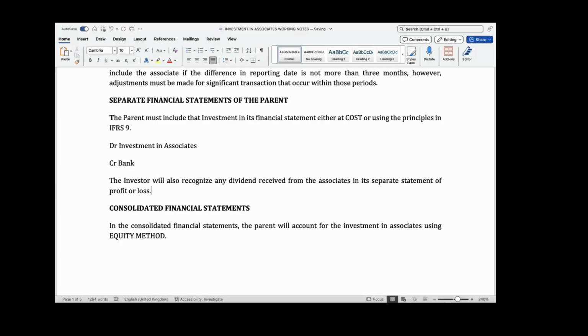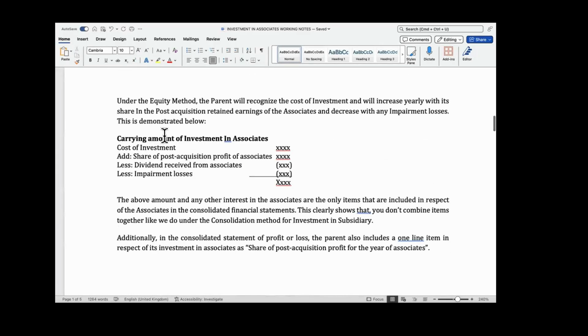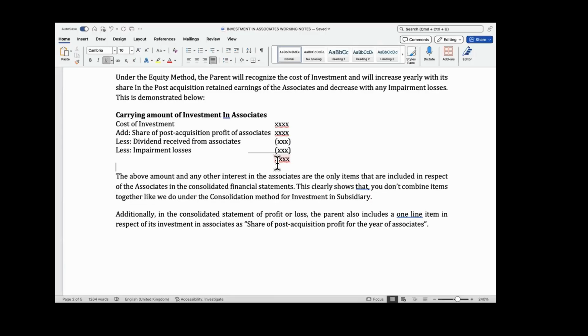So he also recognizes dividend received. So we don't consolidate that. We remove that. And if there's any impairment, you remove it. And this shows as the only item that comes in the consolidated statement of financial position.